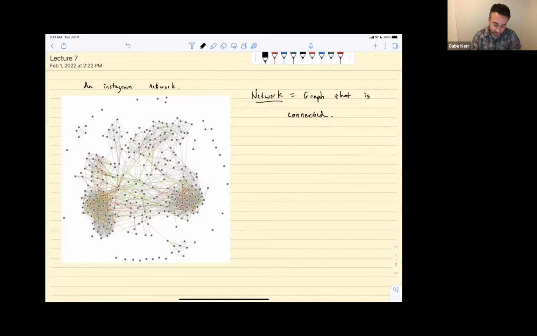This is certainly in computer science and a lot of applications. When you're talking about networks, oftentimes you'll call vertices nodes and edges will be called links. I'll probably stick with edges and vertices, but this is just something you'll see if you look in other areas.